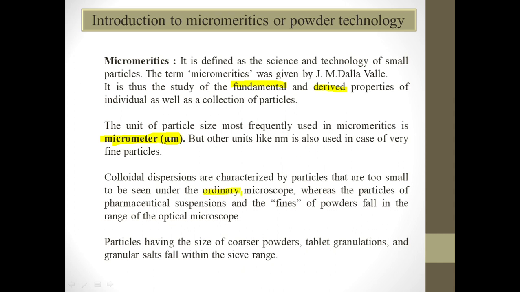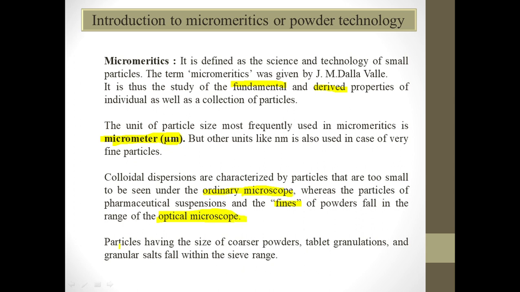The range of an ordinary microscope is around 0.2 to 100 micron. Colloidal particles are lesser than 0.2 micron, whereas the particles of pharmaceutical suspensions and the fines fall in the range of optical microscopy, so these can be dealt with using the optical microscope.